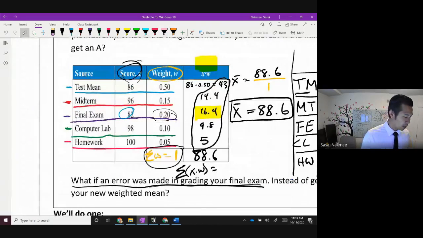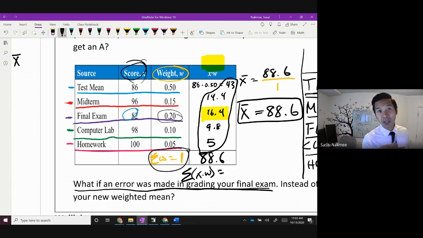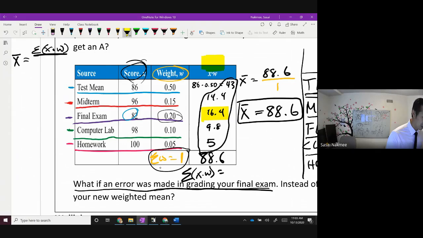Okay, so what I want you to see, right, when you're calculating the average when it is weighted, that's the key word here, you have to do a little bit more than just add them all up and divide by how many there are. You have to do this thing right here where you add up the X scores multiplied by the weights. This part needs to be done first, right?